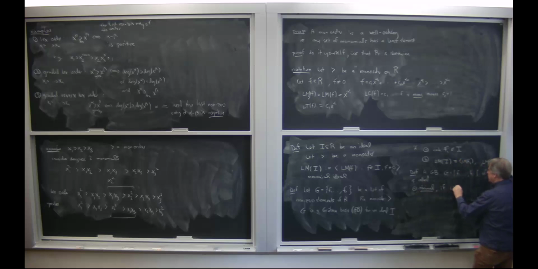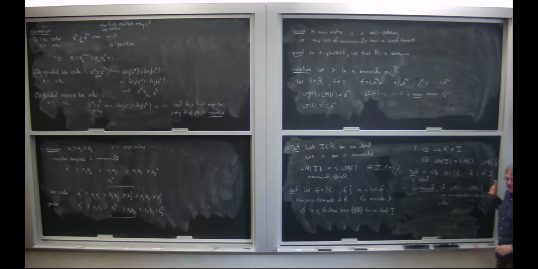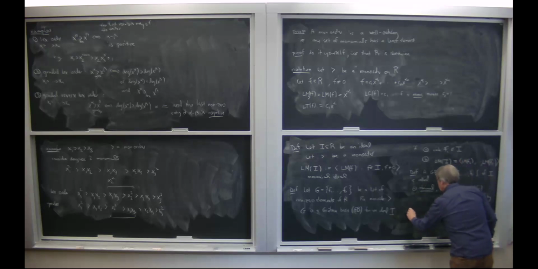If the lead monomials of F1 to Fr are minimal generators, which means they don't divide each other, are incomparable in the divisibility order. That's a stupid way of saying it. But no one divides the other. Okay, and in particular, no two are equal. That's minimal.